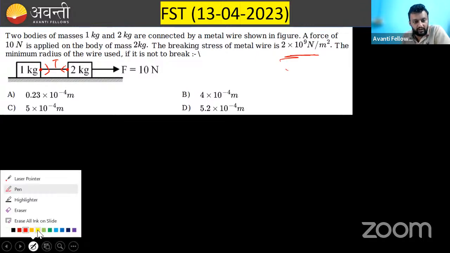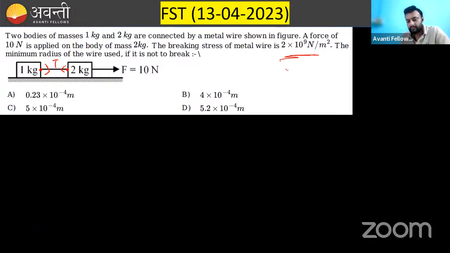Now listen to me. First of all, we will calculate the value of tension. So what will be the acceleration of this block? You can say acceleration is equal to force over total mass. Force is 10 Newton. Total mass of the system is 3. Can you see that 2 kg block and 1 kg, total mass is 3? So acceleration is going to be 10 by 3.